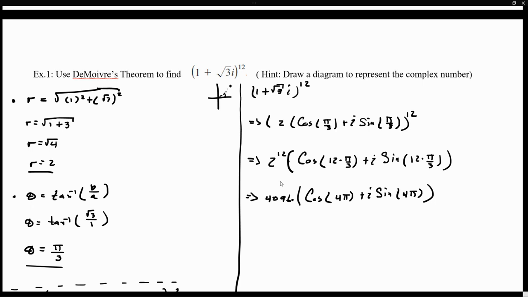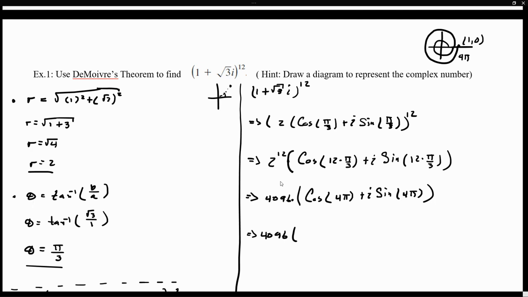But notice that we can simplify this, because we can definitely evaluate what cosine of 4 pi is and what the sine of 4 pi is. Because now this just becomes 4096. And the cosine of 4 pi, well, where is 4 pi? I know that if I make one circle, that's 2 pi. If I make another circle, that's essentially 4 pi, where on 4 pi I have the point (1, 0).